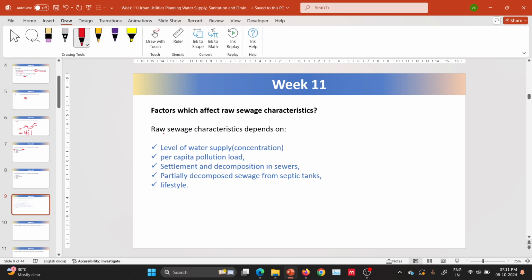Factors which affect raw sewage characteristics. Let's take the example of a household. How is sewage getting generated? First we are getting the water supply.